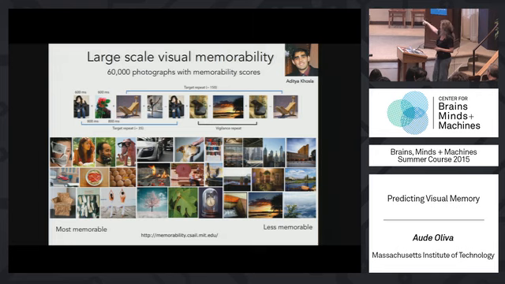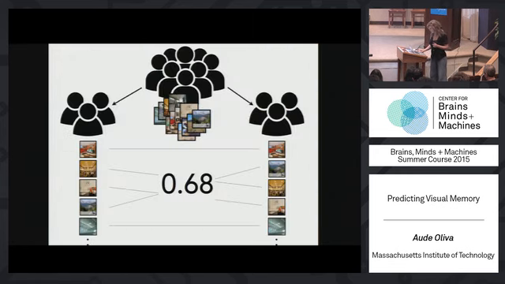There's also the website, not populated yet with many things, but it will be very shortly. The correlation we got on that data set was pretty high again, 0.68. That was expected, and the paper explains the various splits we did. Again we find this very high correlation, so we know there's something to model there.